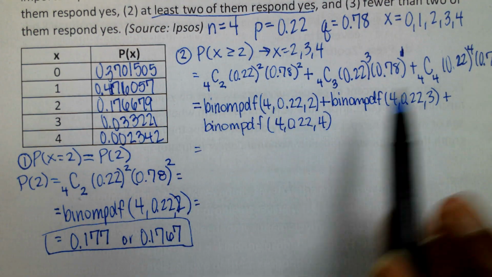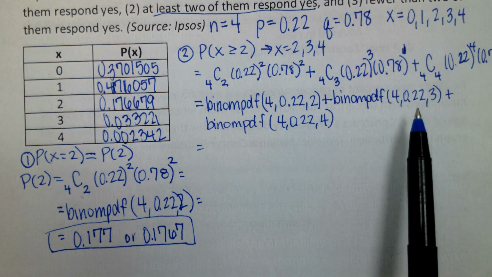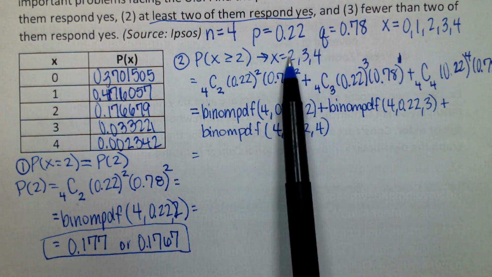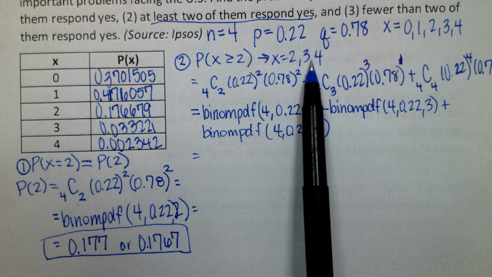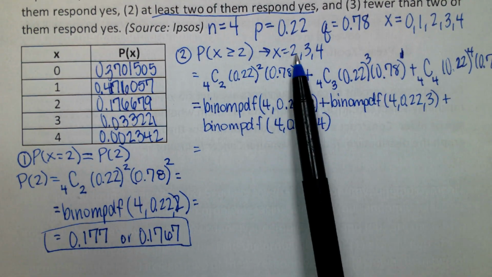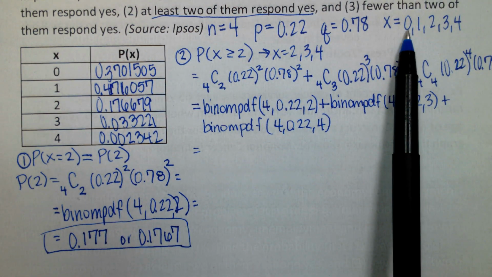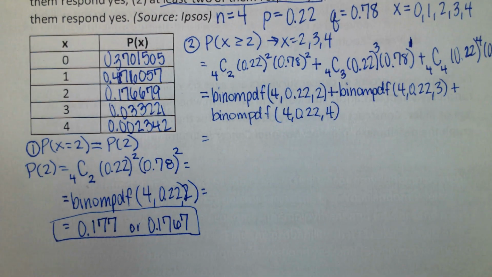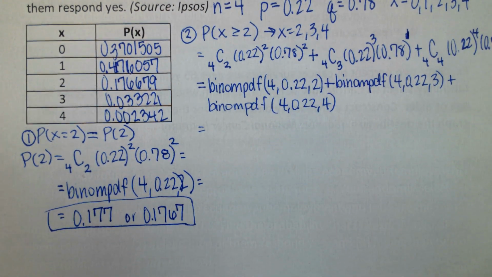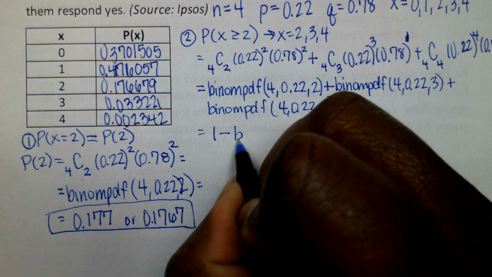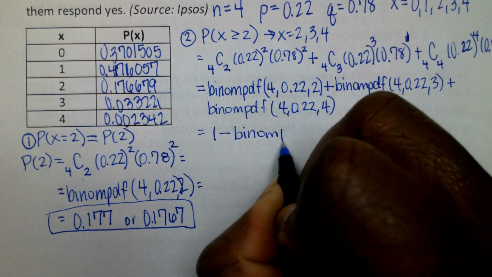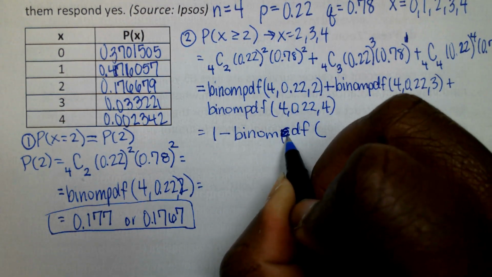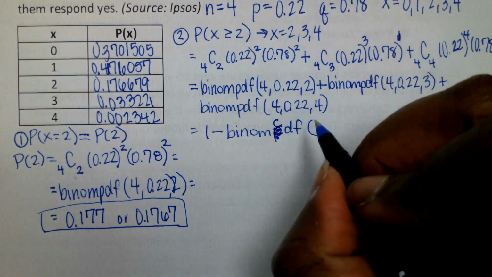So this is the manual way. This is the binomial PDF way. If you want to use binomial CDF, because CDF I can use now because remember, I'm finding more than one at a time. But here's the kicker. Binomial CDF only works when I start at 0. So, when it doesn't start at 0, hold on to your horses. When it doesn't start at 0, you're going to do 1 minus binomial CDF, up until the X that you want to stop.